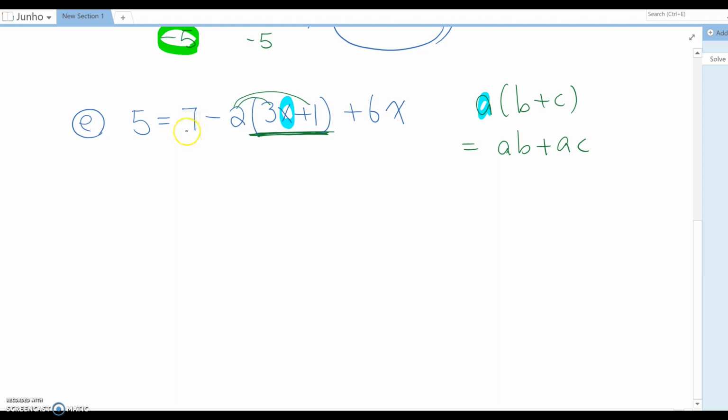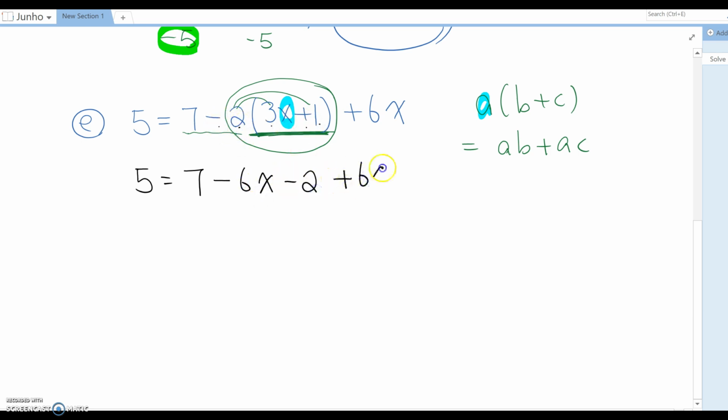Don't subtract 7 and 2, because 7 is a single term, but 2 and this one is one term. So you have to simplify this term before doing anything else. Therefore, this becomes 5 equal to 7 minus 2 times 3x becomes 6x, and then minus 2 times plus 1 becomes minus 2 plus 6x.